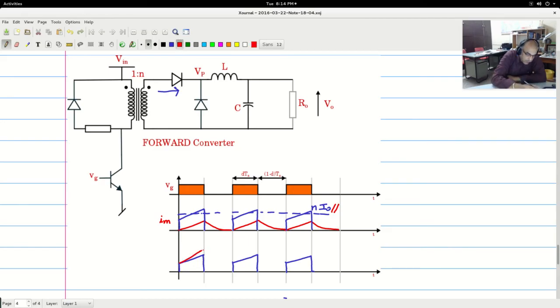So it gets added like that. So this would be your switch current. This current is IQ, which is flowing through the switch Q here.